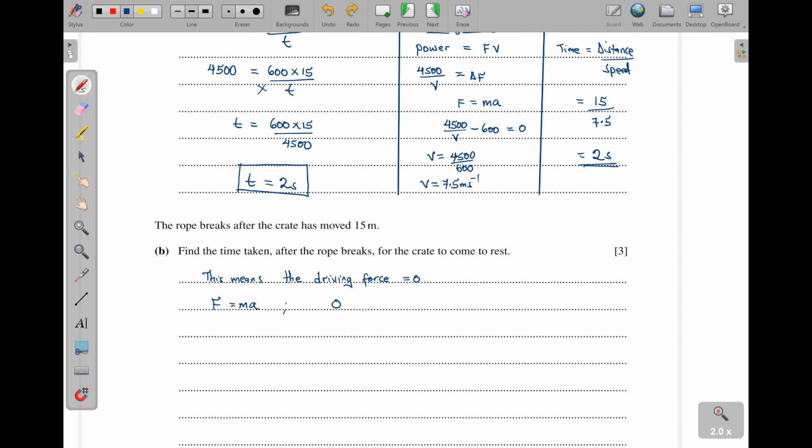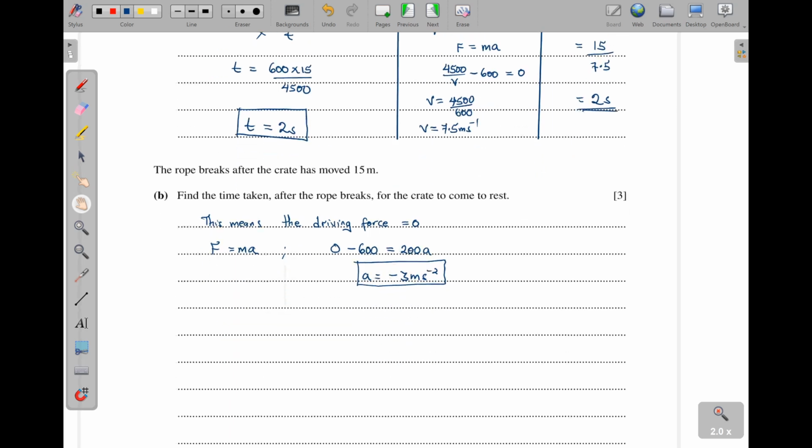So I will have 0, minus the resistance force of 600, is equal to the mass, 200, times A. So acceleration is going to be equal to -3 meters per second squared. It moves with a deceleration, because it is coming to rest.